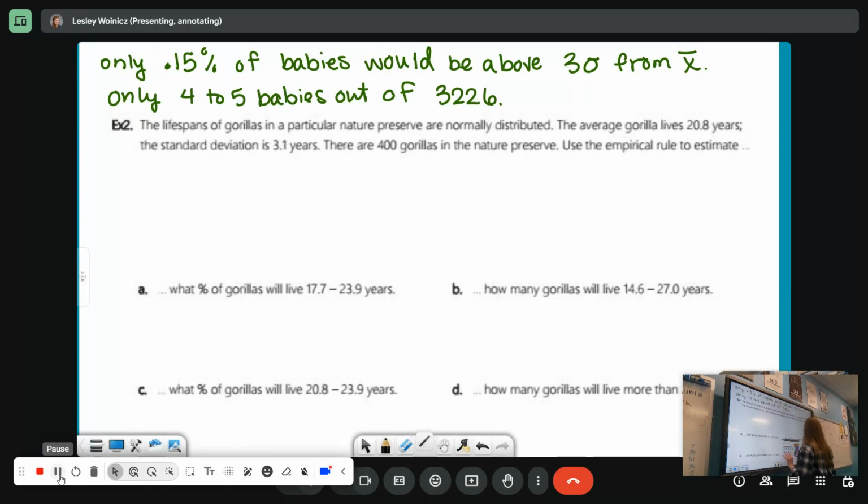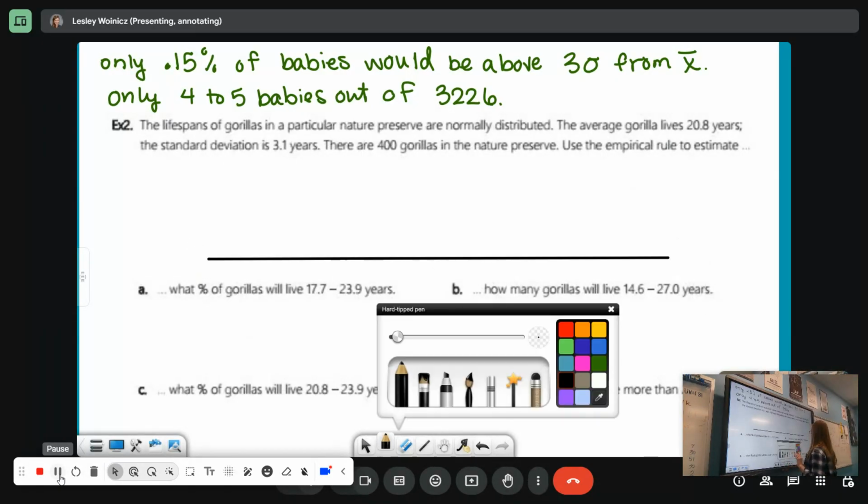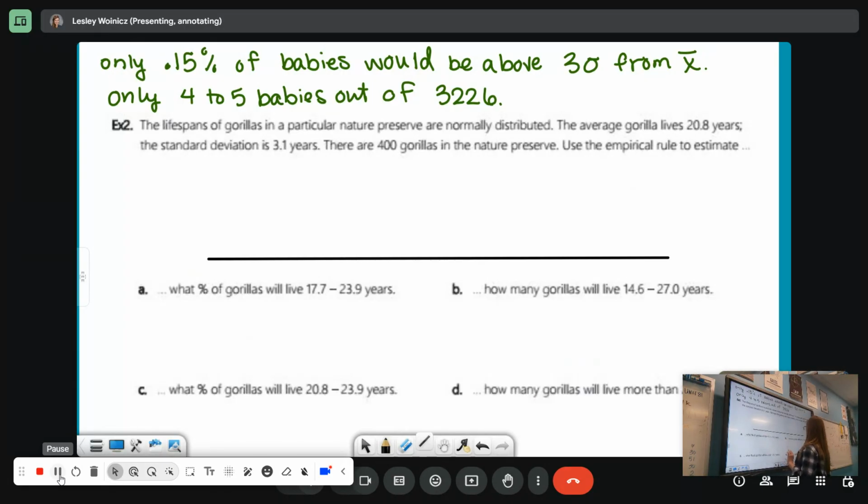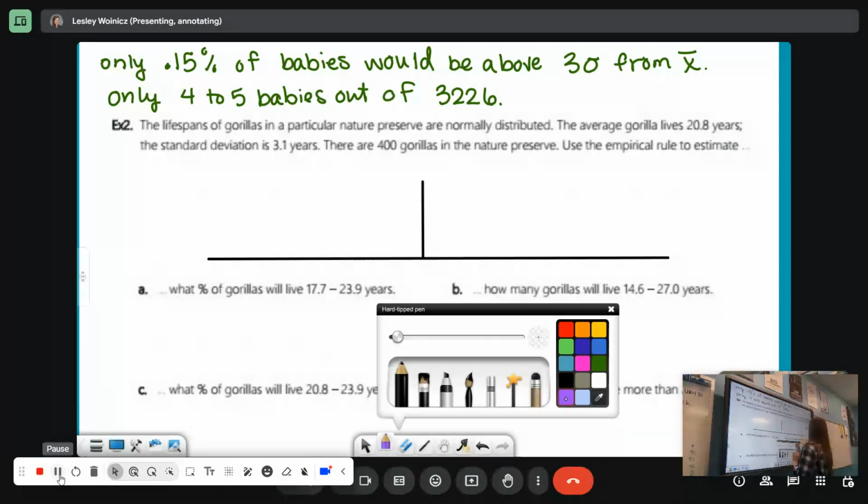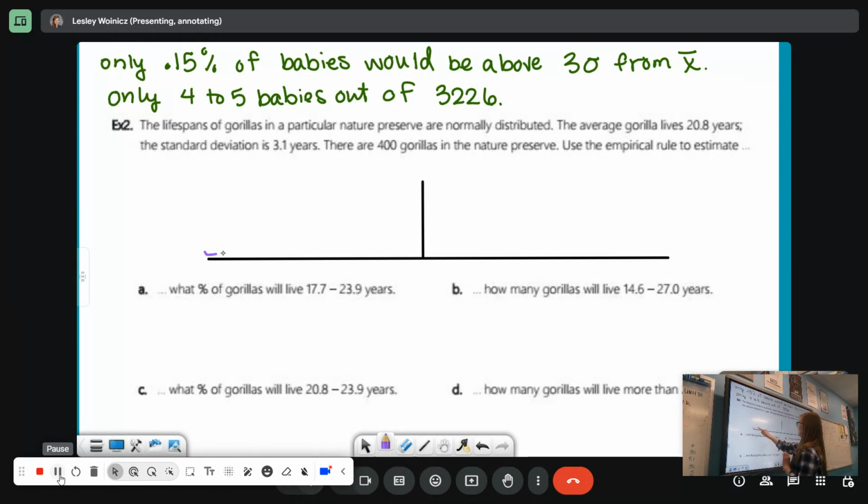Okay, so this is what we're going to do. We're going to make a little number line. Okay, and then I want you to give me a bell shape. Here, let's put our mean in the middle first. We're going to vertically compress this a little bit so that we have room to write.